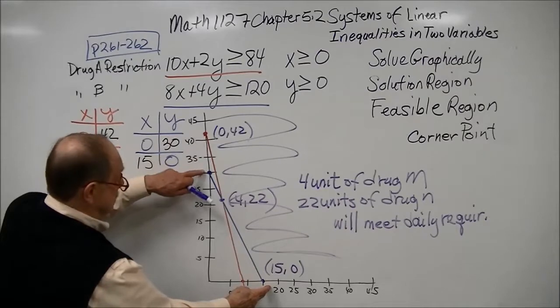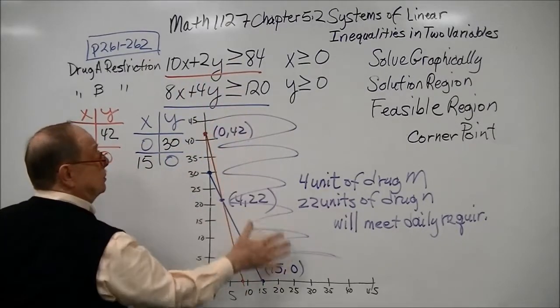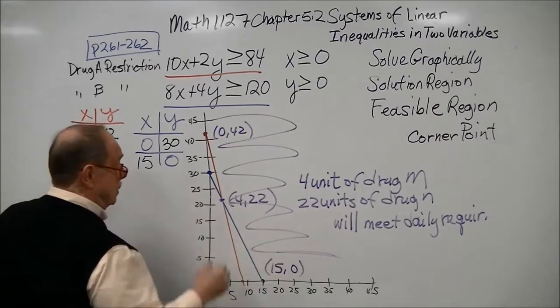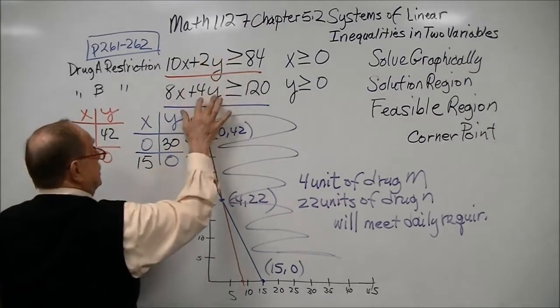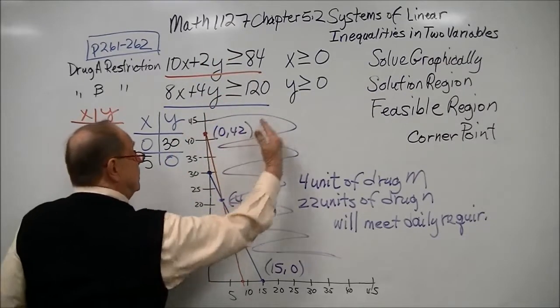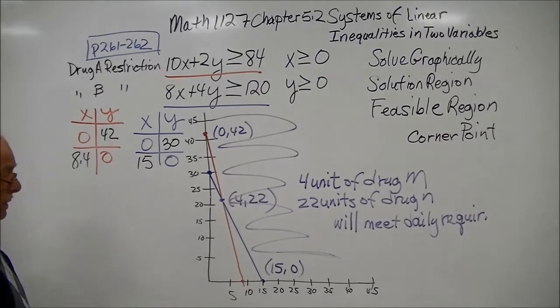So corner points. Now you might say, well, are these corner points? No, because they don't meet the requirements of what we want. And since both of these, y is greater, we shaded above the line. Now, what does this tell you?